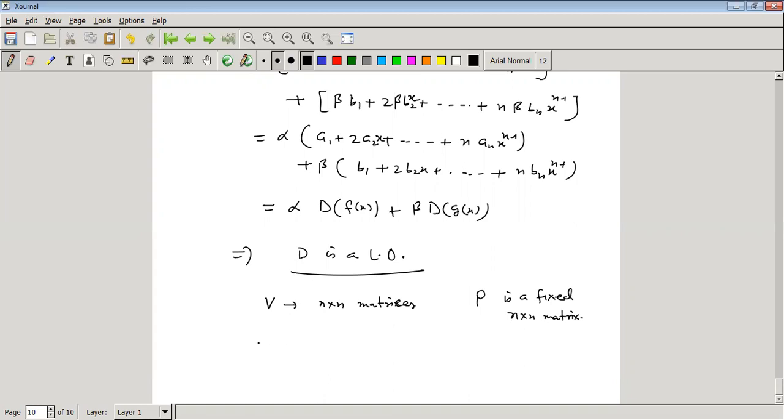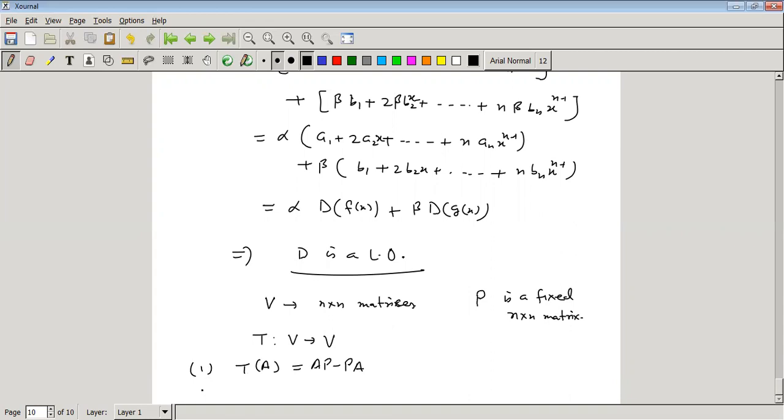We define a mapping T from the set of all n cross n matrices V to V, right? So now how can we define this? T of A is AP minus PA.